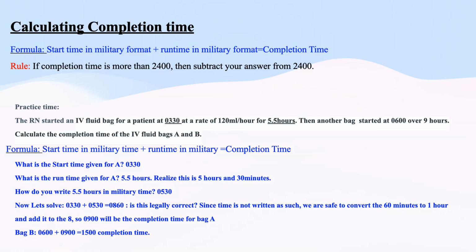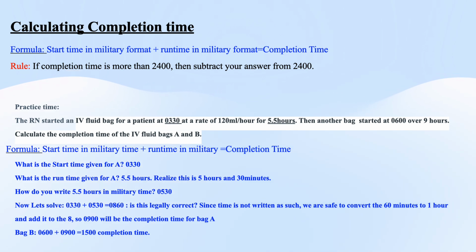Military language is 5 hours and 30 minutes. Now let's solve the problem. 0330, plug it into your calculator, plus 0530. What do you get? 0860. Now, have you ever seen a time, even in real time, that says 960 or 1060? So it's the same way. We don't have 0860. We don't have 0360. Now the 60 is a whole hour on its own.